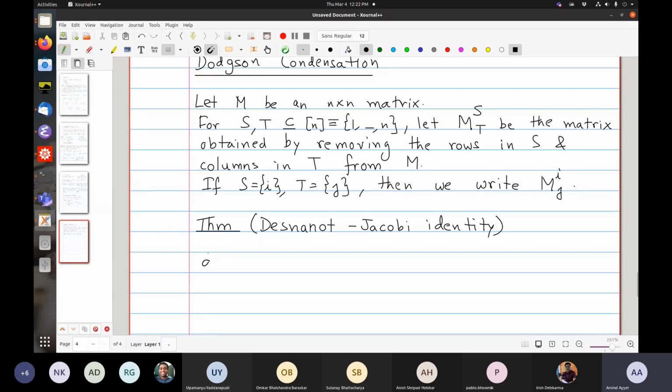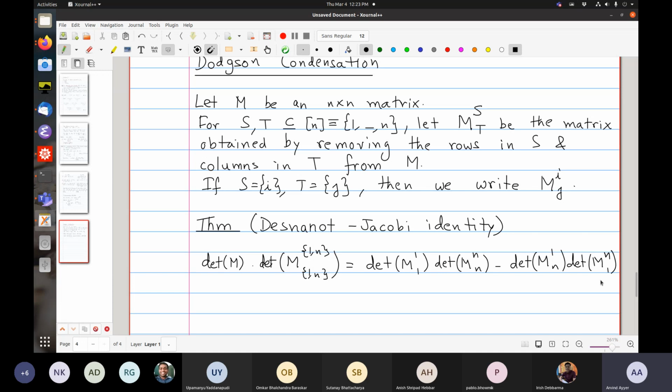So determinant of M, det M, times det of M with the first and last rows and columns removed, so this is the matrix obtained by removing the first row, last row, first column, last column, equals determinant of M11, determinant of Mnn, minus, you can guess what's going to come, M1n, determinant of Mn1, where the determinant of the empty matrix is taken to be 1.